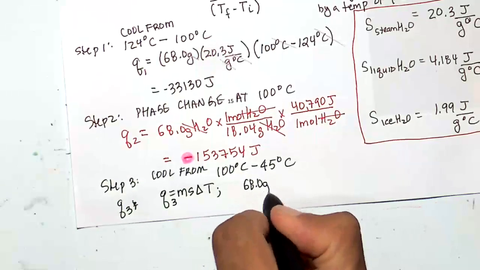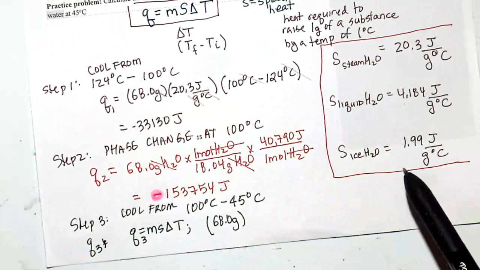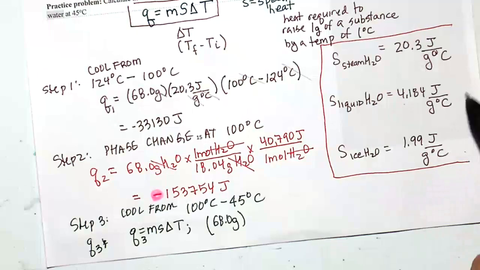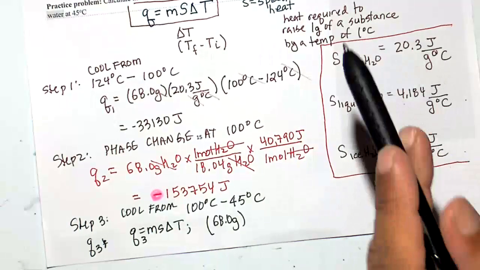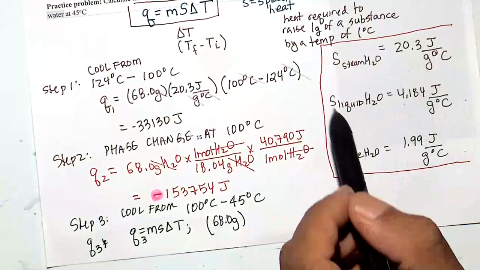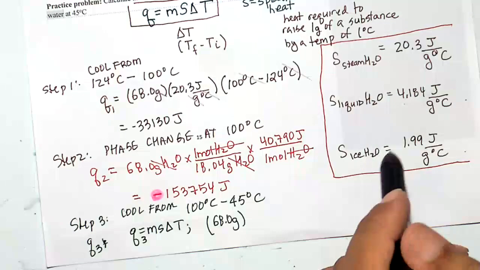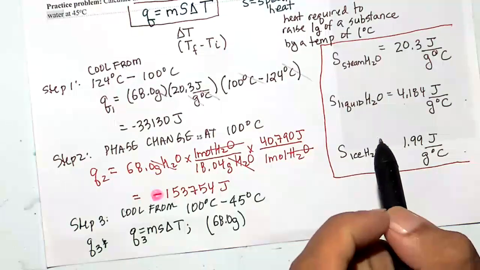Okay, the mass is 68.0 grams. What specific heat should we use in going from 100 to 45? At 45, what is water predominantly? Liquid.